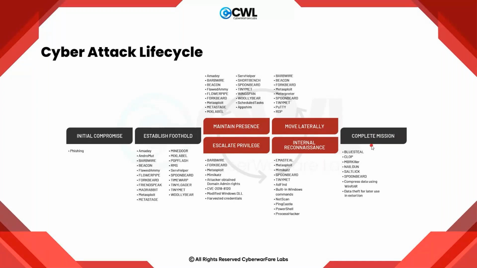So mission completion could mean that maybe they are exfiltrating something, stealing some confidential data, or just disrupting the services, or maybe just eavesdropping on the organization by maintaining the presence there. So anything could happen. So this is the normal attack life cycle.